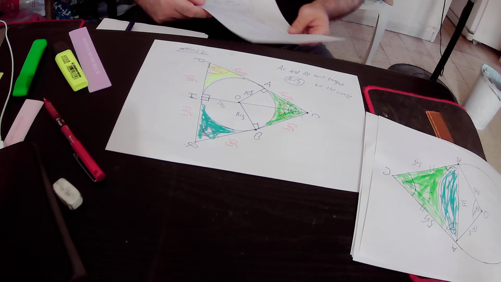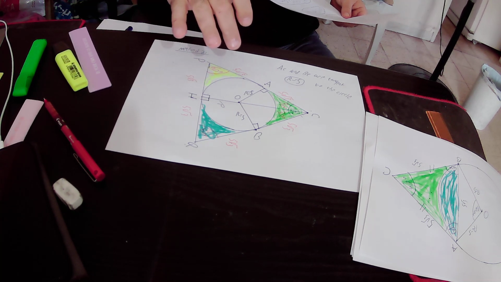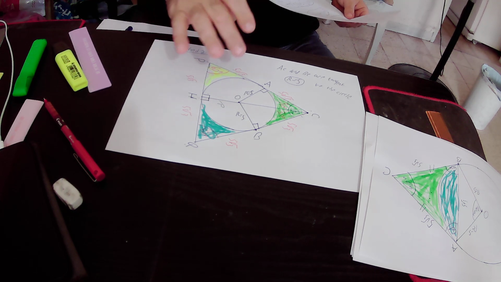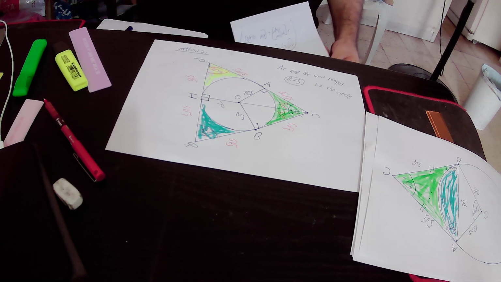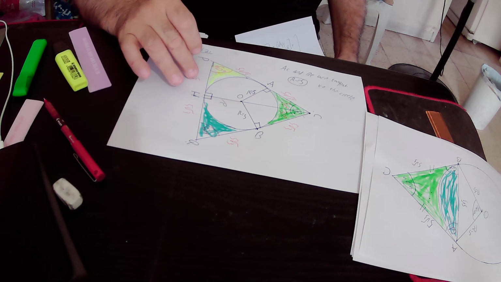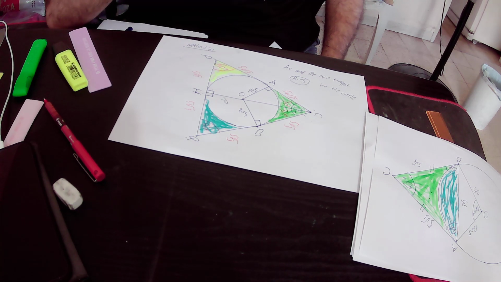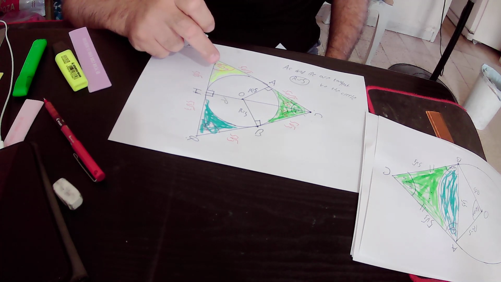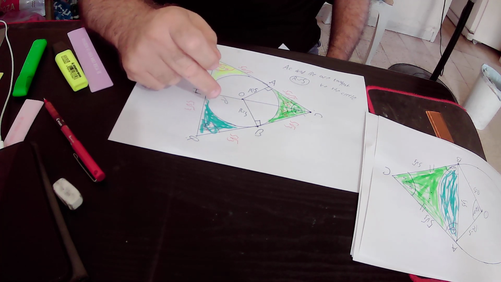So actually, triangle CPQ is an equilateral triangle. We proved that triangle CPQ is an equilateral triangle because triangle PHC is congruent to triangle QHC.